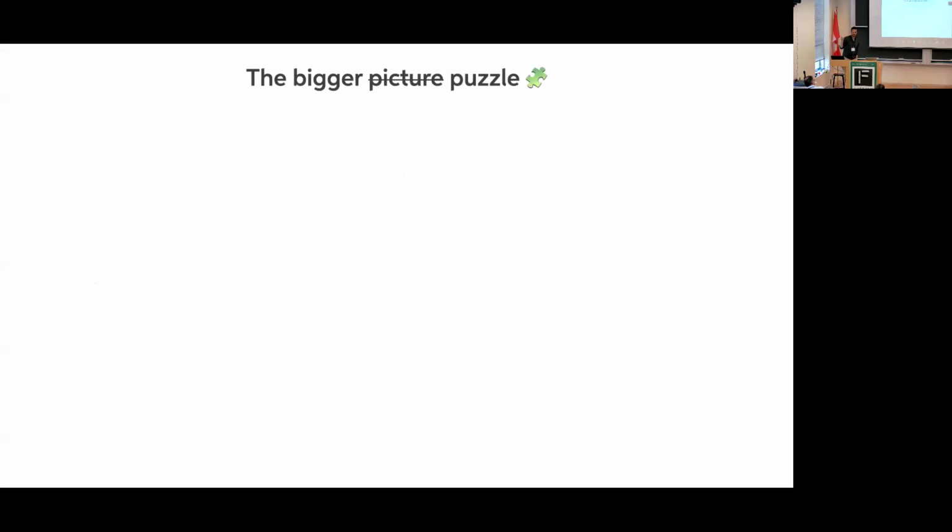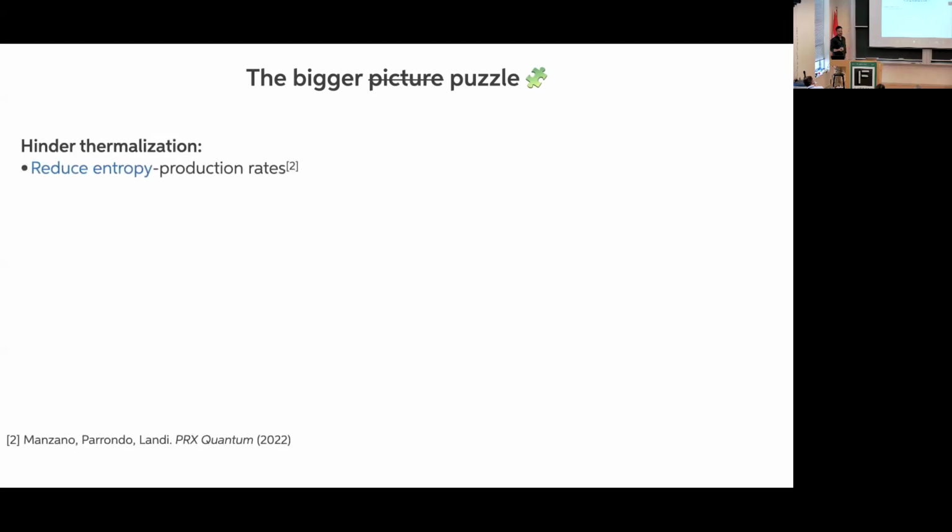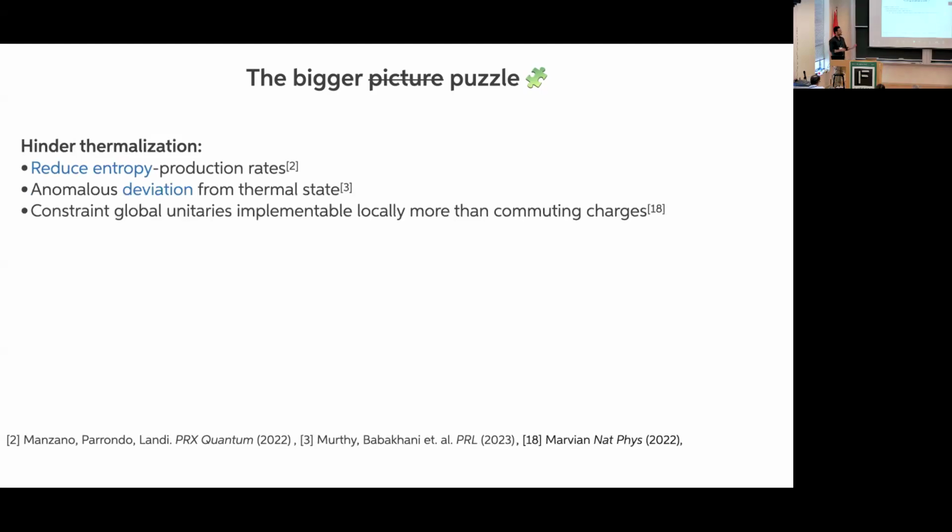I want to fit this into the bigger picture, the bigger puzzle that we're trying to resolve here. To recap, we hinder thermalization. Reasons to believe that are the reduction in entropy production, the anomalous deviation that I mentioned. There's also interesting work where you ask, say I want to do some global unitary from unitaries on two sites.